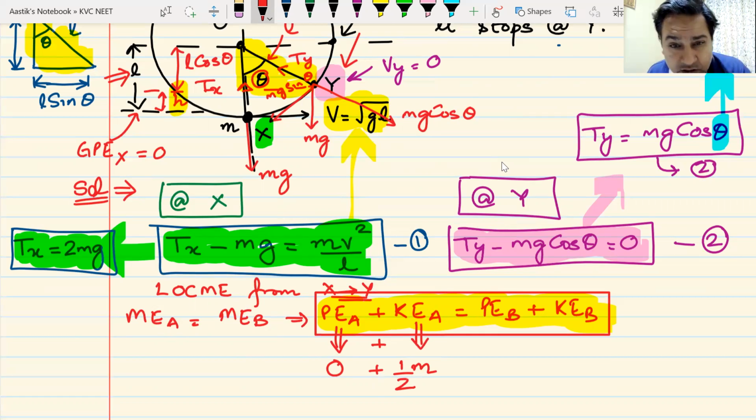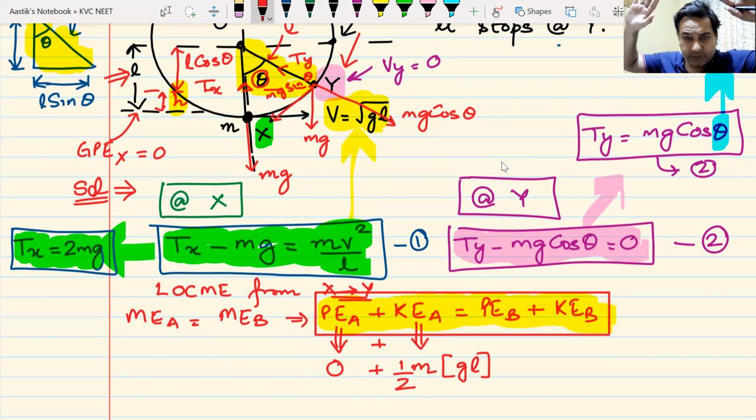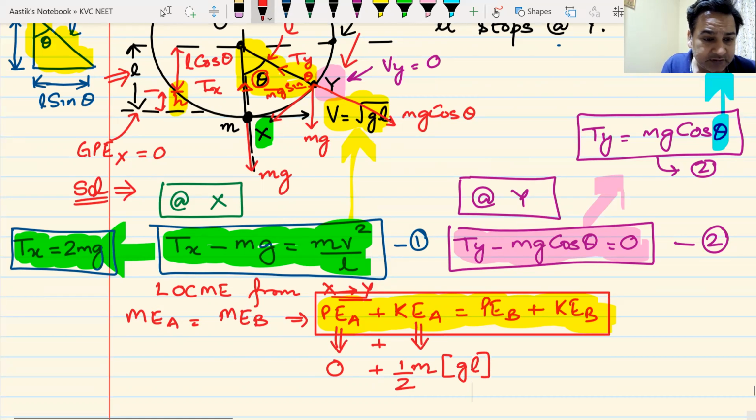V squared is G into L. Do we understand this? Can I have some raise hand that we understand this? Yes, sir, we understand this, sir. Raise hand will give you more confidence that we are on the same page.